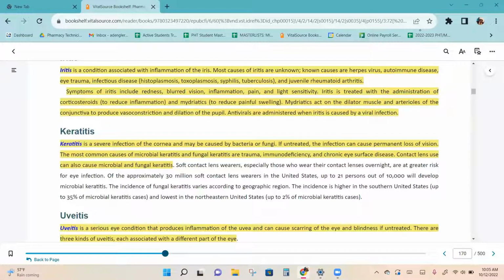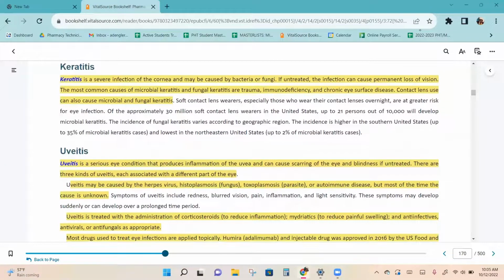It is treated with the administration of corticosteroids to reduce inflammation and mydriatics to reduce painful swelling. Mydriatics act on the dilator muscle and arterioles of the conjunctiva to produce vasoconstriction and dilation of the pupil. Antivirals are administered when iritis is caused by a viral infection.